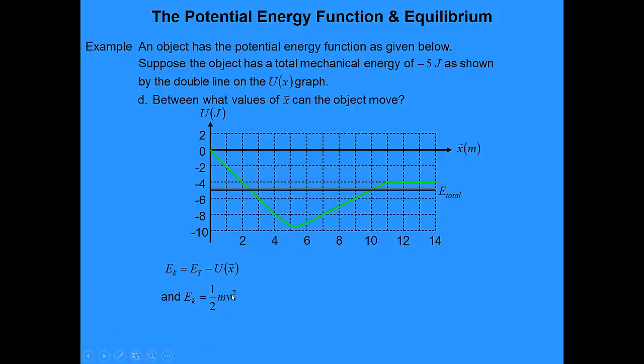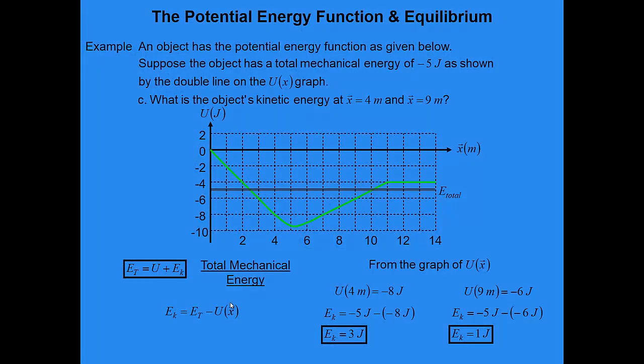So kinetic energy has to be positive. We go back to these, notice that, as it got to 9 meters, it only had 1 joule of kinetic energy. Not a lot. So it could keep moving, but as the potential energy gets less negative, which is actually bigger, less negative is bigger in scalar world, right? It's going to have less and less kinetic energy.